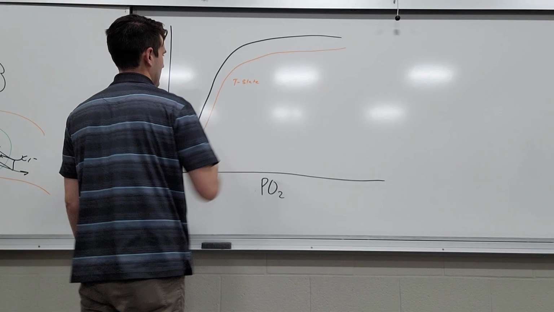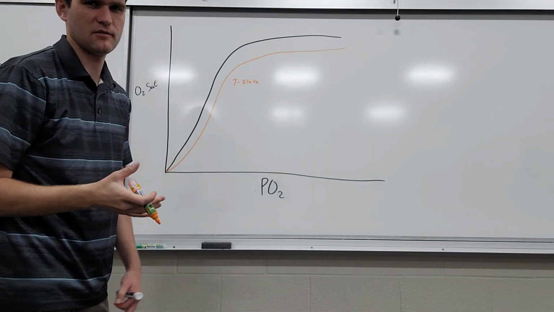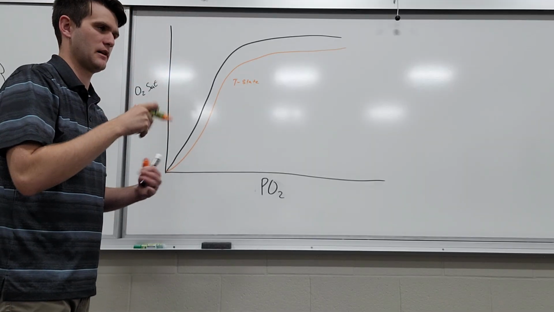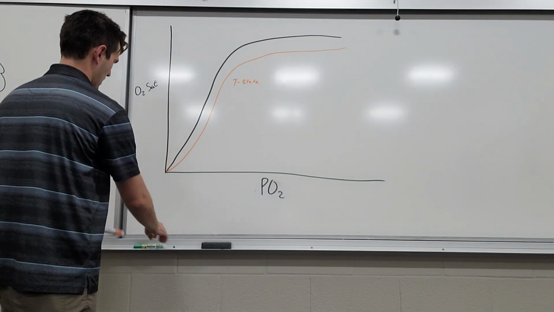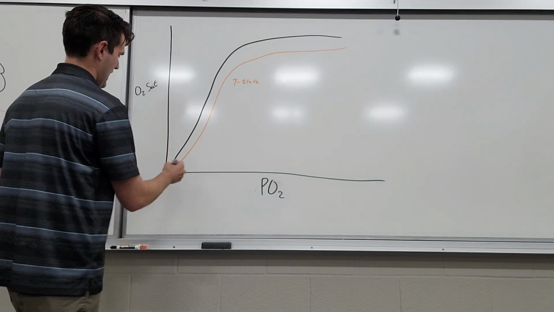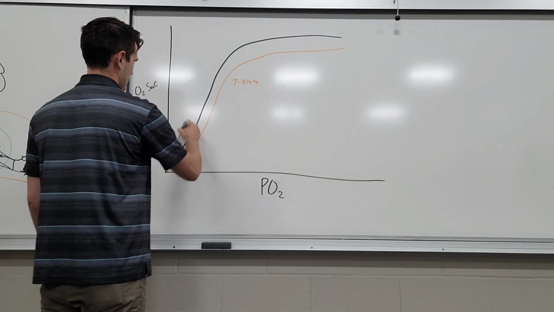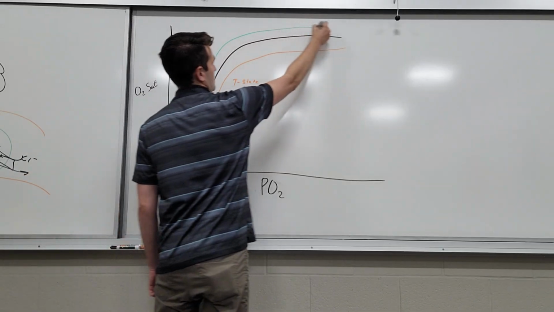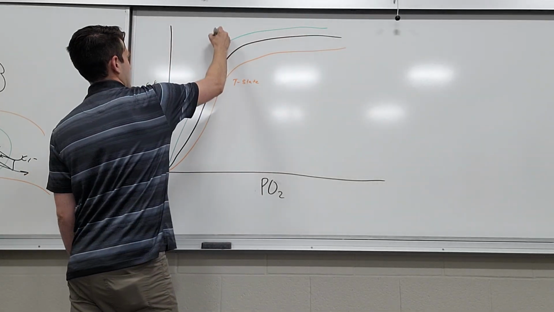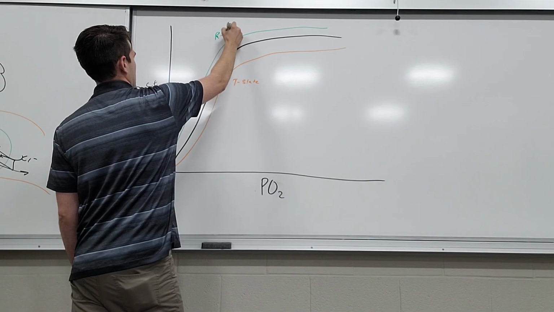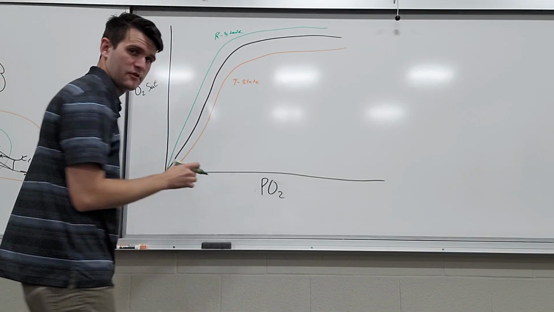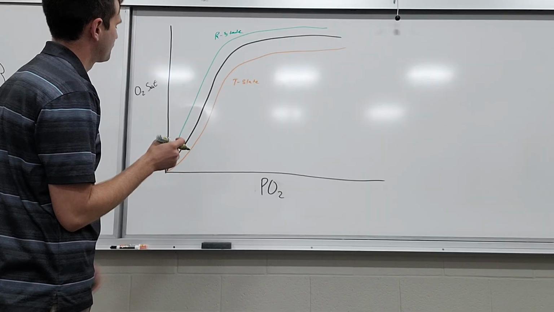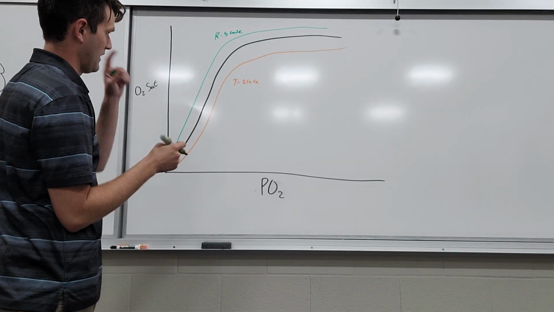Essentially what's happening is that hemoglobin goes through a conformational change and kind of wrecks its affinity for oxygen. Or we have our relaxed state, where our O2 saturation is gonna be higher all the time. So this is gonna be our R state. Excuse me.